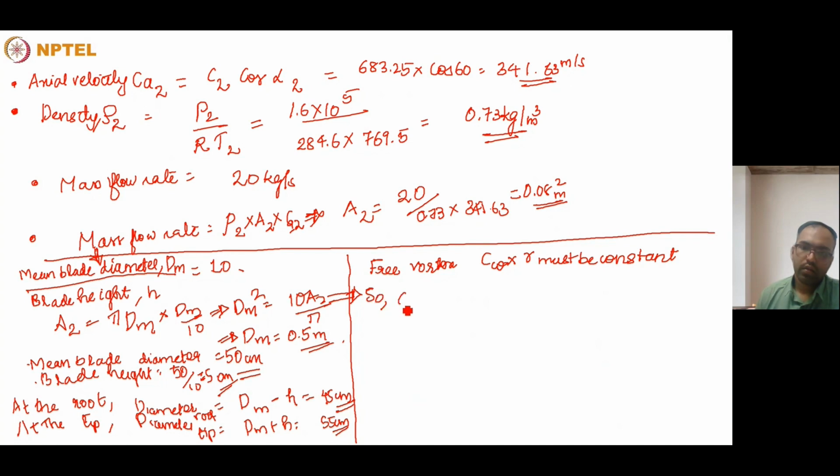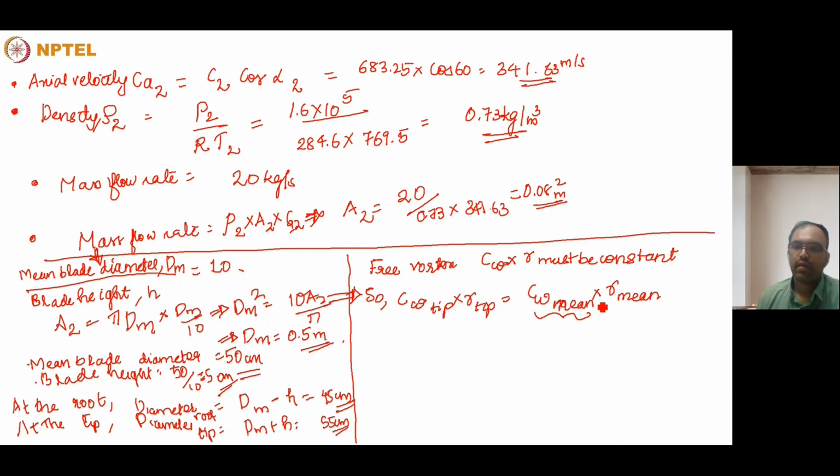So C omega at the tip into R tip should be equal to C omega at the mean point into R of mean point. The whirl component of the velocity at the mean diameter is an unknown.